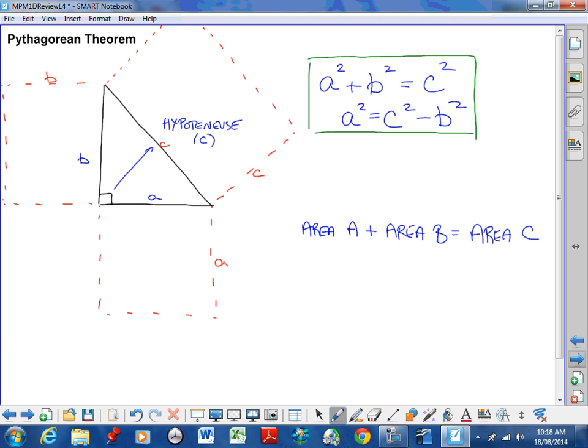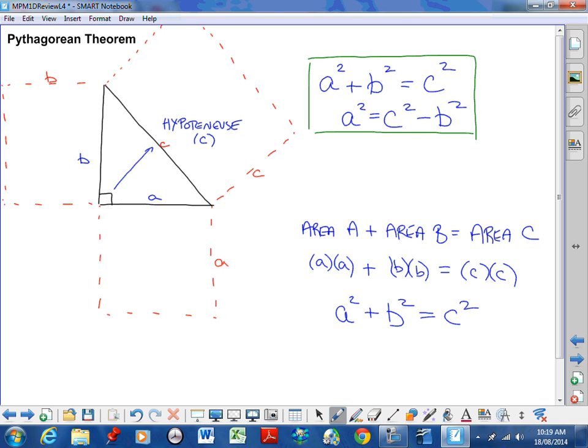So area A was A times A, so that's your length and width, plus B times B equaled C times C. So simplifying or using exponent laws, which we'll talk about a little bit later on in this course, that's how he developed it.